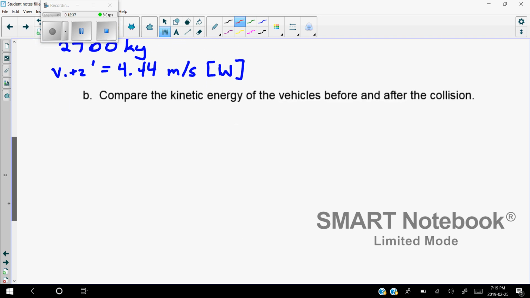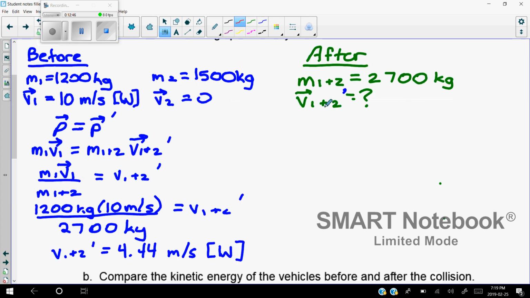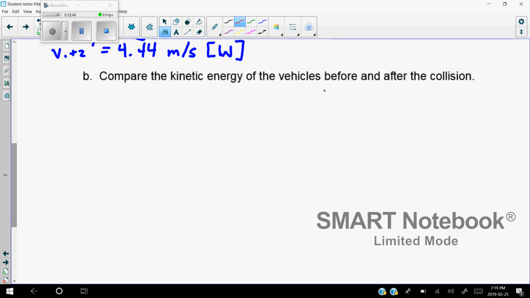This is our new outcome. It says compare the kinetic energy of the vehicles before and after the collision. All right, let's hope it's not going to jump. There we go. Okay, so before and after the collision. So let's do before first. So remember, we are looking for the sum of all the kinetic energy initial.